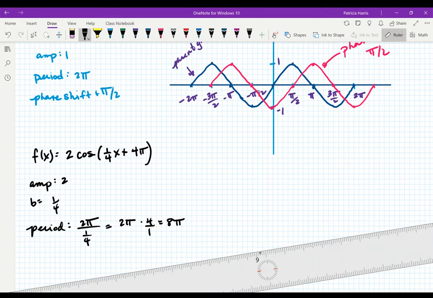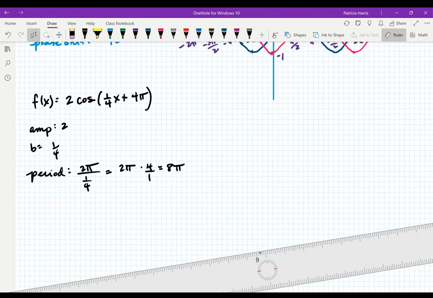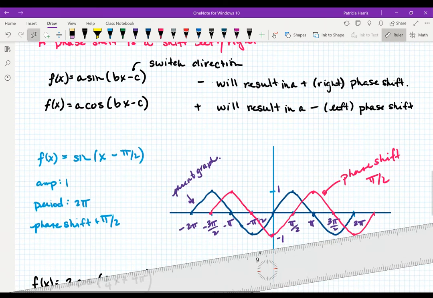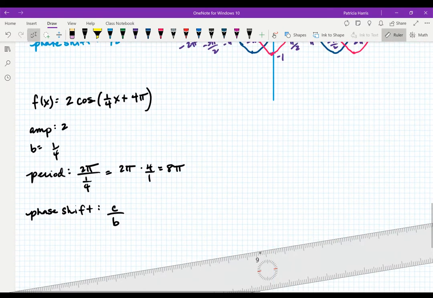Okay, so now how you find a phase shift, okay, is you're going to go your C, your addend on the right, divide by B. Okay, if you look up here, right? Now I always tell students to figure out the sign first. So it's positive here.